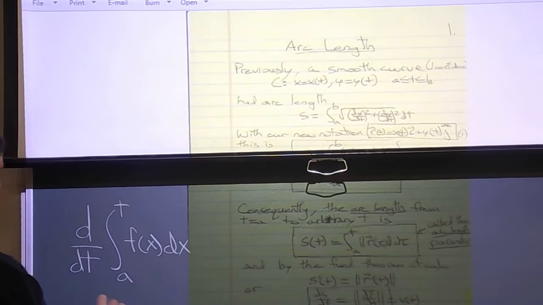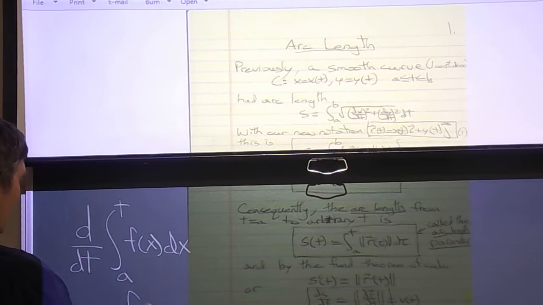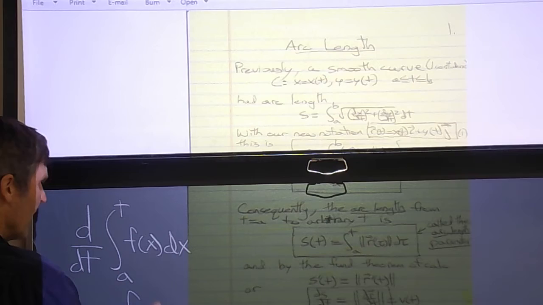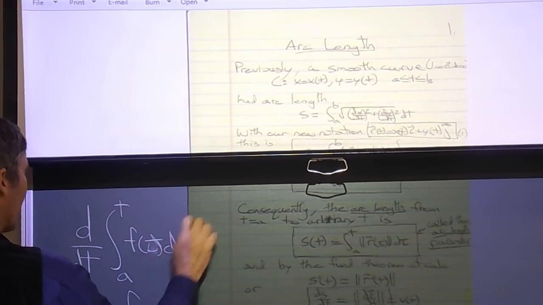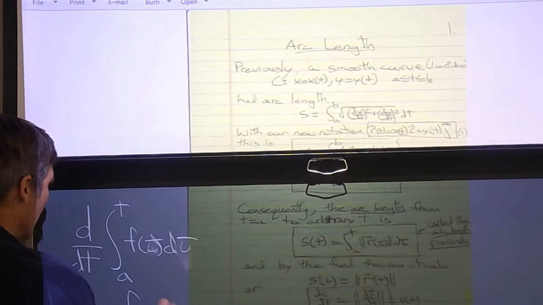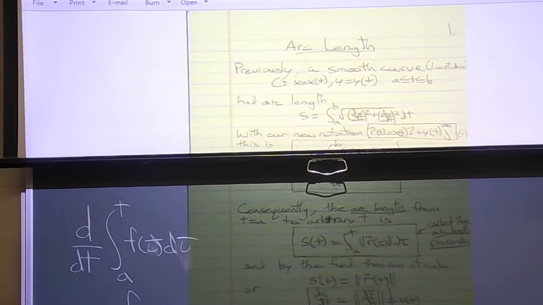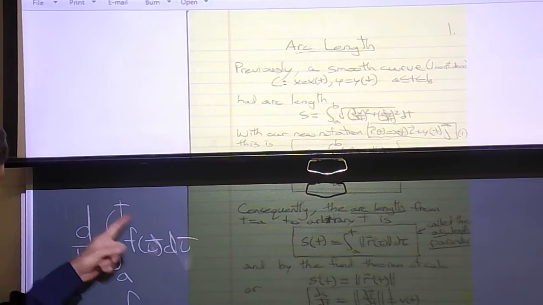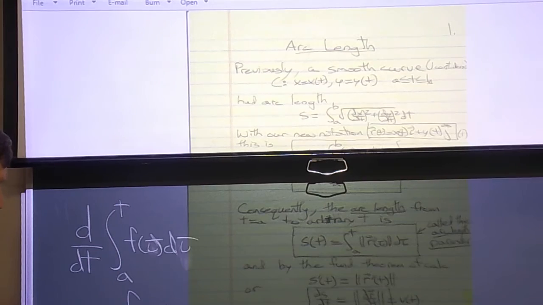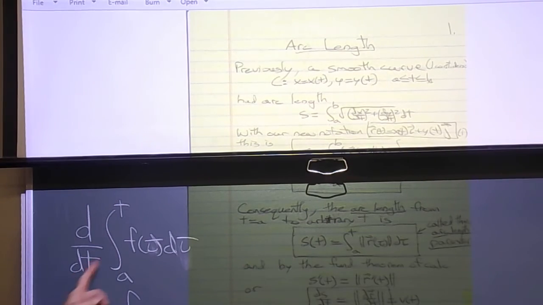One part of the fundamental theorem of calculus said this is equal to f of t. It just said the derivative and the integral undo each other and give you back the function, except now evaluated at t instead of at tau.